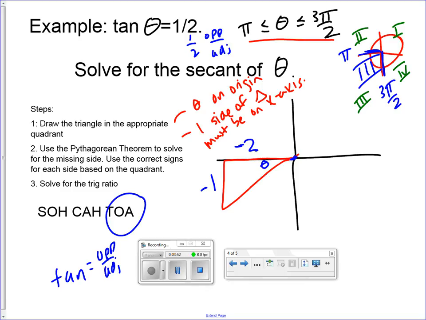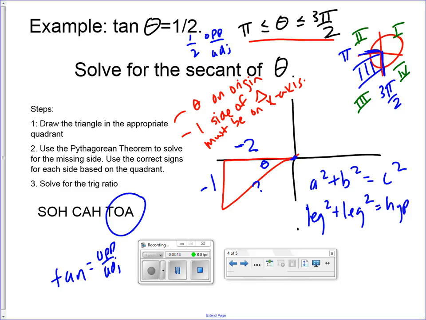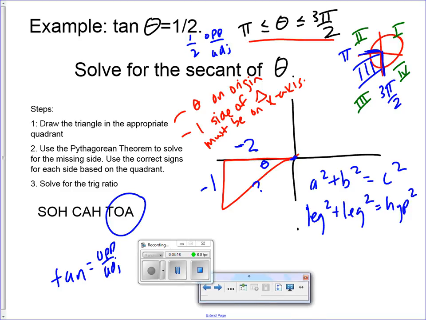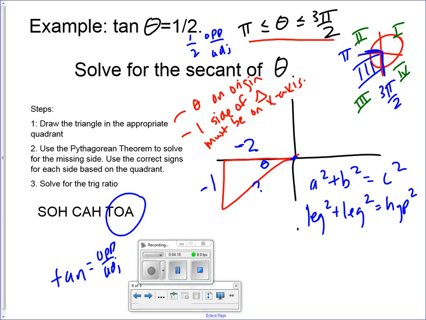So now, step 2, we're going to use the Pythagorean theorem to solve for the missing side, which is right here. It's the hypotenuse. So my Pythagorean theorem says a squared plus b squared equals c squared. I also like to say that it's leg squared plus leg squared equals hypotenuse squared. So one of the legs is -2, one of the legs is -1. It doesn't matter if you use the negative sign, because when you square a negative, you get a positive.